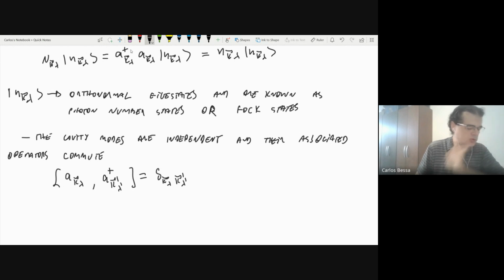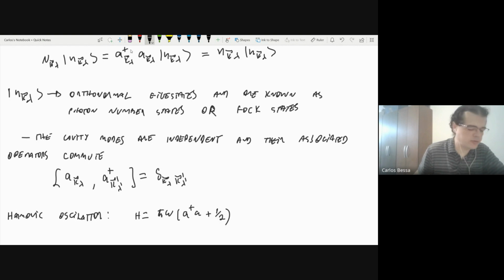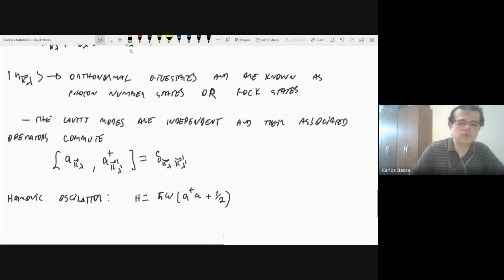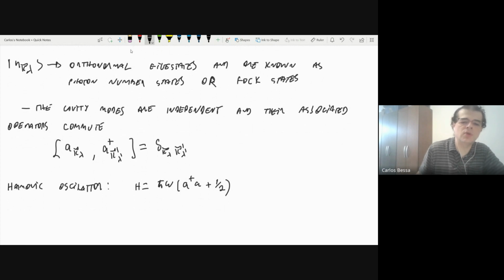Just to remember the Hamiltonian from the harmonic oscillator, we have a Hamiltonian given by H equals H bar omega times (a dagger a plus 1/2). This is the energy, and the vacuum energy is just H bar omega over 2.